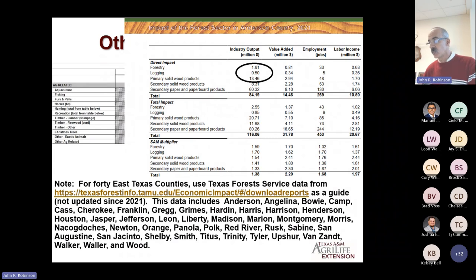So what I would say is, if you're in one of these East Texas counties, you can find out by going to this website what the values of these three items were in 2021, and I would extrapolate off of that. I would use this as my baseline, and I would say, well, here we are 3 years out. I would assume that we're, I don't know, X% higher or lower than what was reported for these categories in 2021.